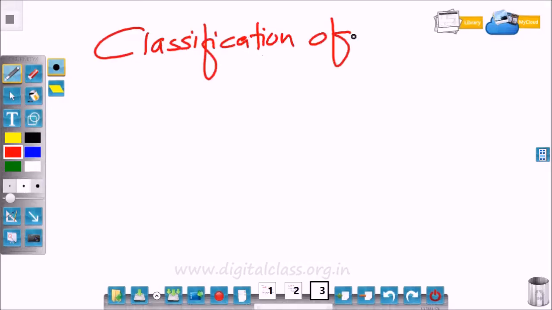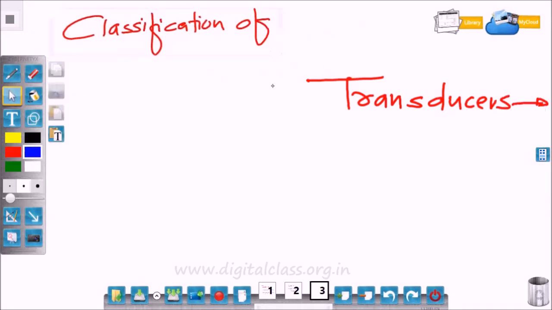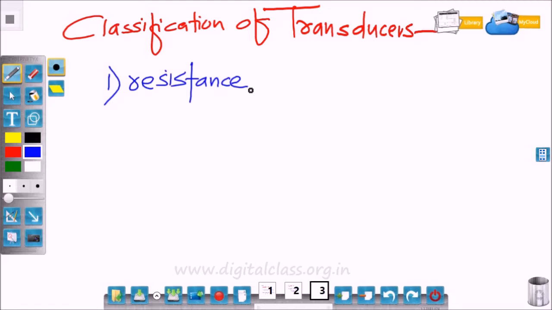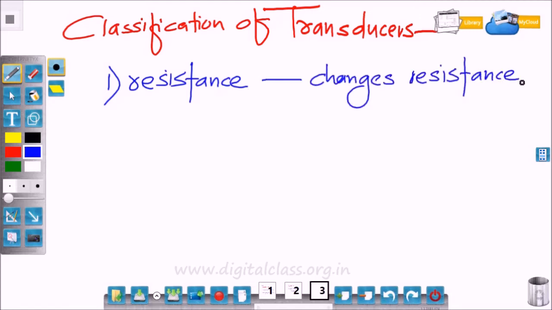Now, classification of transducers. Transducers are classified on the basis of the nature of their operations. First is the resistance type transducer. Here there is a change in resistance as the value of measurement changes.